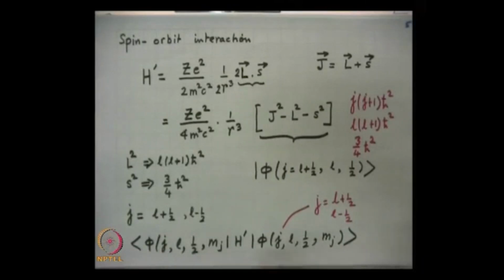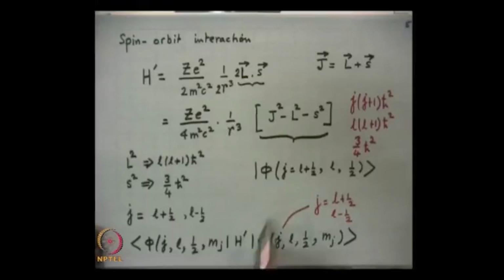We can explicitly write down the form of the wave functions, as we will do slightly later, but we do not have to do that. As long as we take these wave functions, we know that this will be equal to the following.